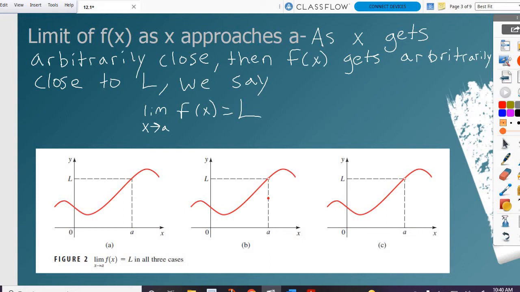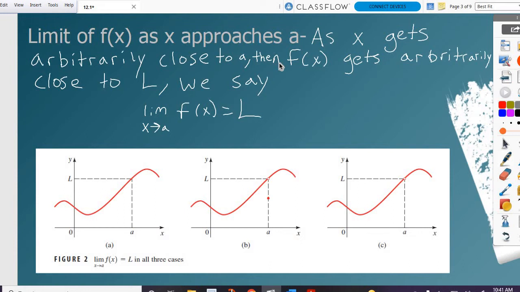So, nice notation. As x gets arbitrarily close to a, sorry, I skipped a letter there, then f of x gets arbitrarily close to L, we say the limit as x goes to a of f of x equals L. It's a funky notation, but it's not as hard of a concept as we think.